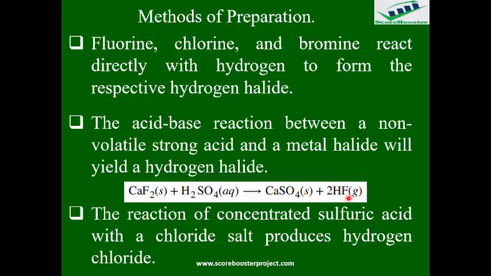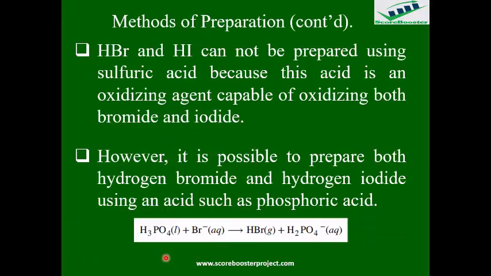So the reaction of concentrated sulfuric acid with a chloride salt produces hydrogen chloride. If you use a chloride compound instead of fluoride, you have hydrogen chloride. If you use another compound, you get the halide of that compound. That is what this sentence is trying to explain.